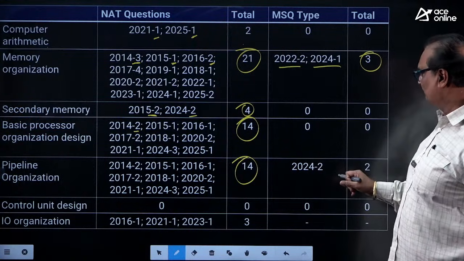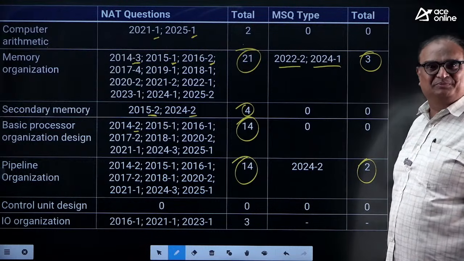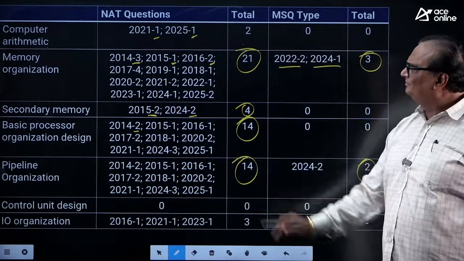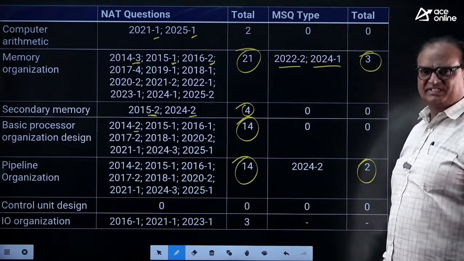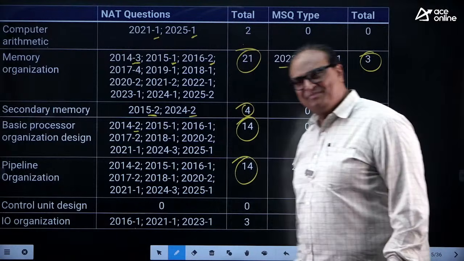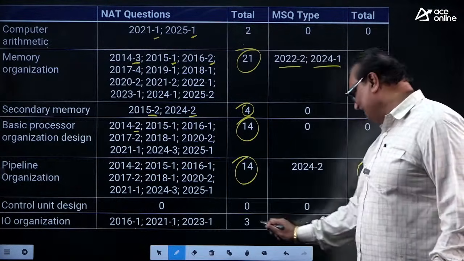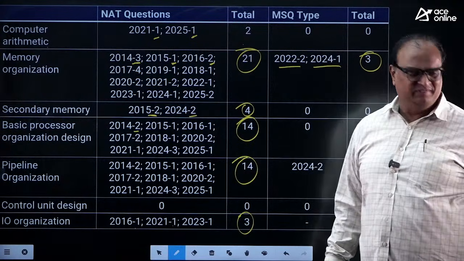In 2024, 2 questions are MSQ. Next, control unit design. We cannot find NAT and MSQ questions from this. Next, IO organization: 2016, 1 question; 2021, 1 question; 2023, 1 question. Total 3 questions. It is the most valuable information.